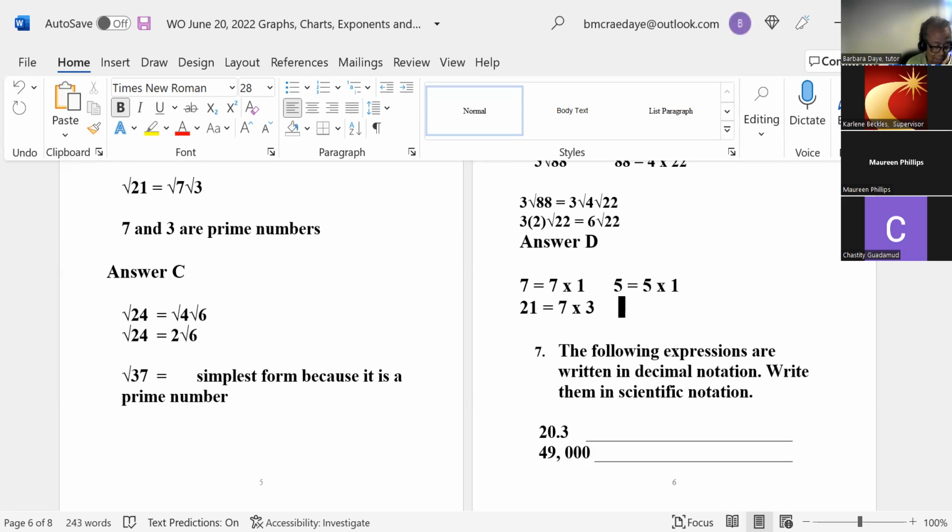What about 29? Prime or not? Chastity? It's not a prime number? What does it factor into? I'm not sure about that one. Maureen, what does 29 factor into? Just 29 times 1.